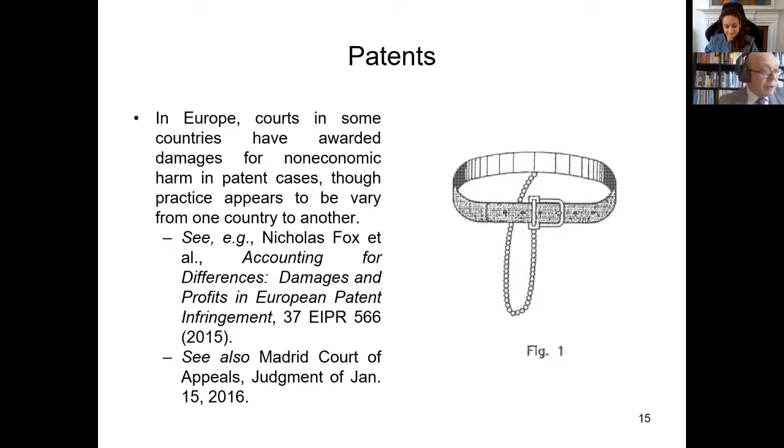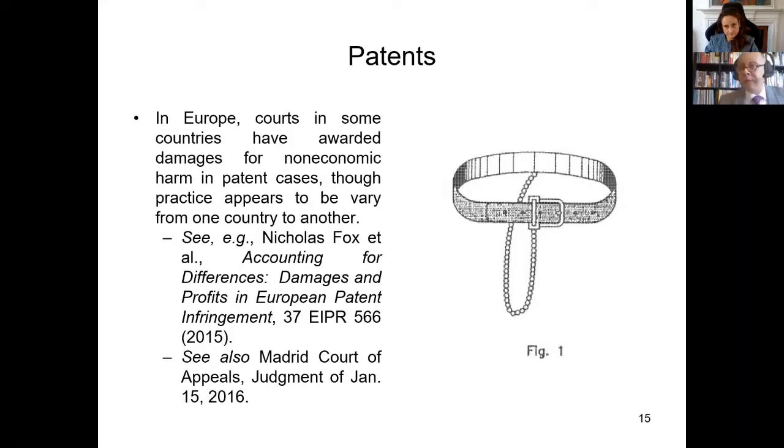The Court of Appeal of Madrid held that moral damages, daño moral, would include such things as psychological suffering or distress, etc., and that in theory that is compensable in a patent infringement action, although in this actual case the plaintiff had not proven mental distress resulting from the infringement.